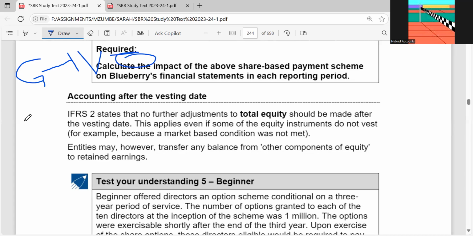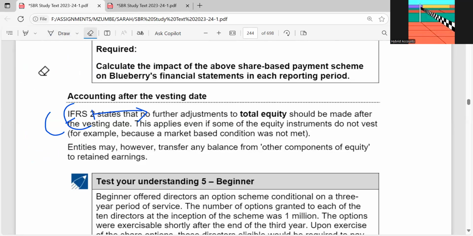Remember, in equity it was the other components of equity and not a specific equity reserve. Now we are going to change from the other components of equity to the real equity, let's say the share capital, if someone exercises the shares. So that's what we're going to do, my friend.